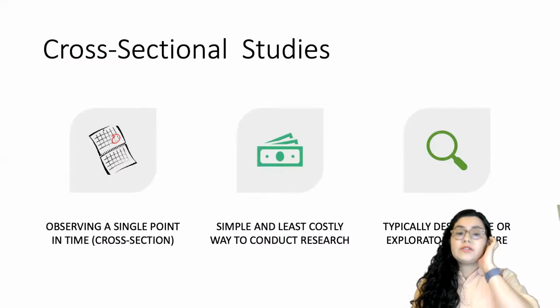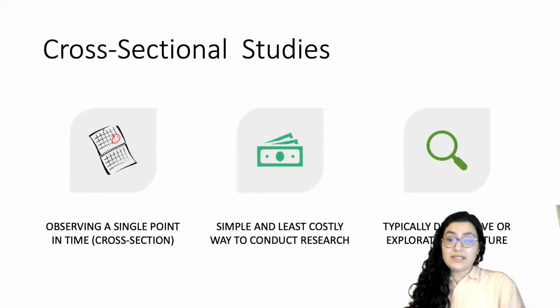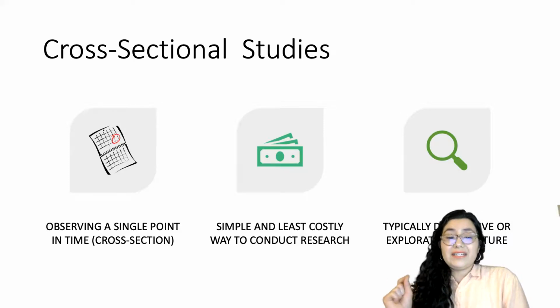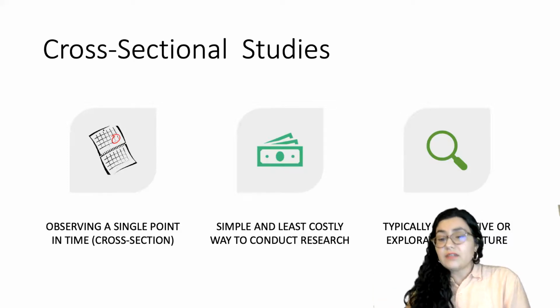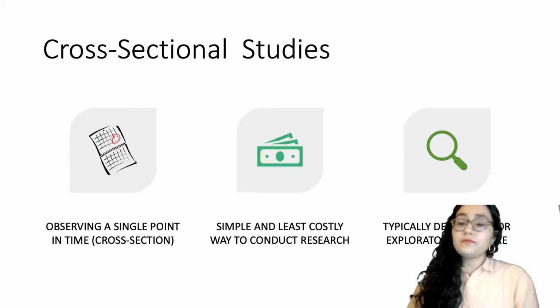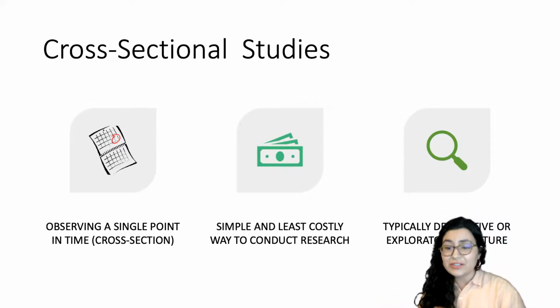Alrighty. And so cross-sectional studies, as we said before, are the snapshot. And so we observe a single point in time. And the reason that a lot of findings are usually based off of cross-sectional studies is because it's simple and the least costly way to do research. And there's like less statistical complexity to them too.